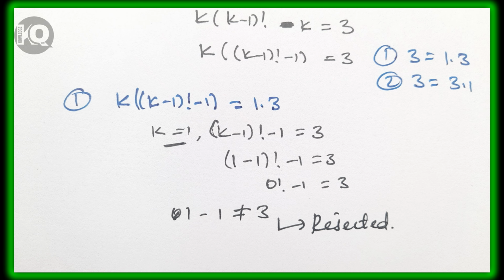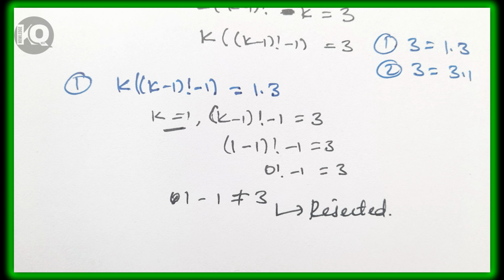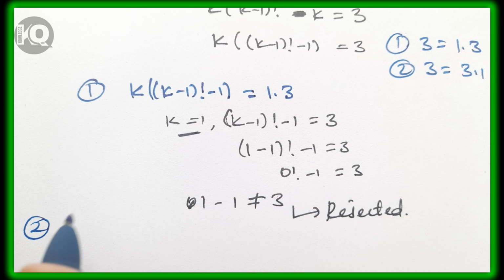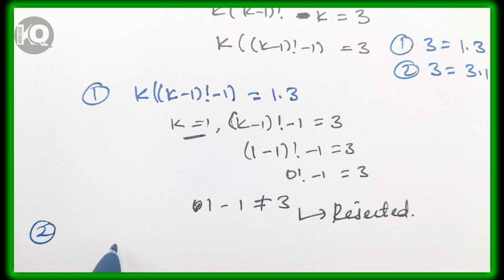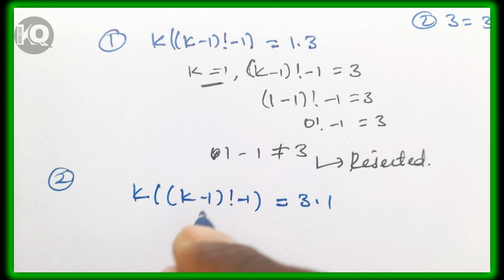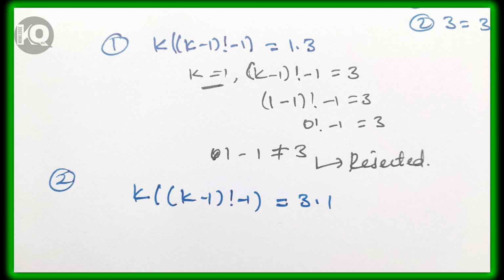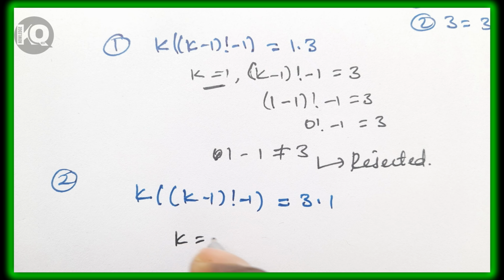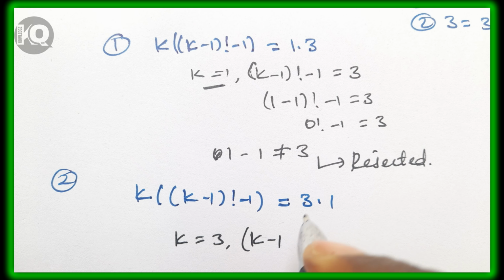Now let's see the second case. k times k minus 1 factorial minus 1 is equal to 3 times 1. So here k will be 3, and k minus 1 factorial minus 1 is equal to 1.